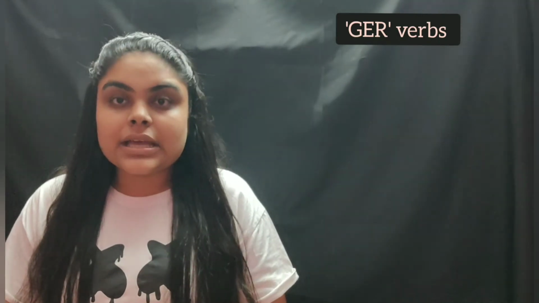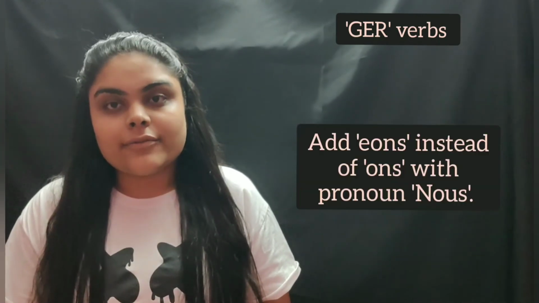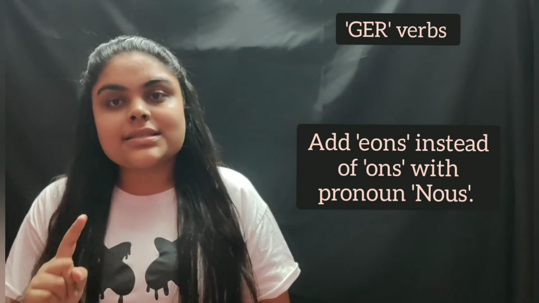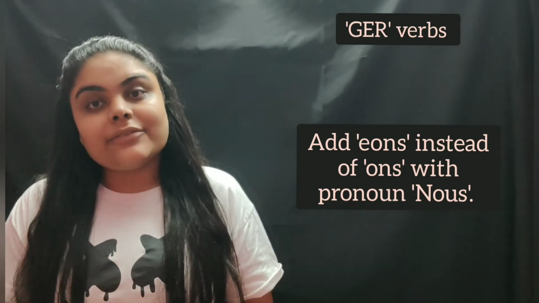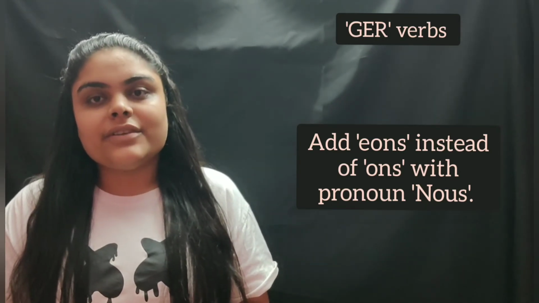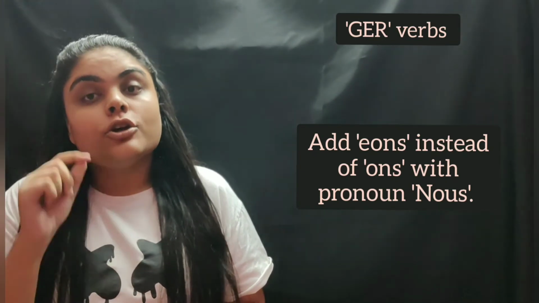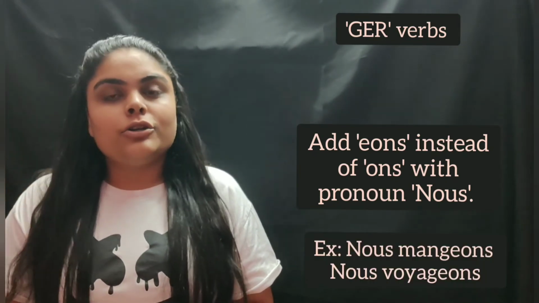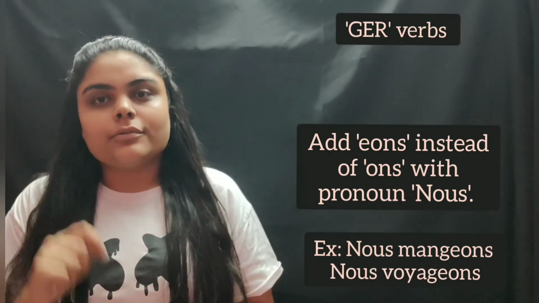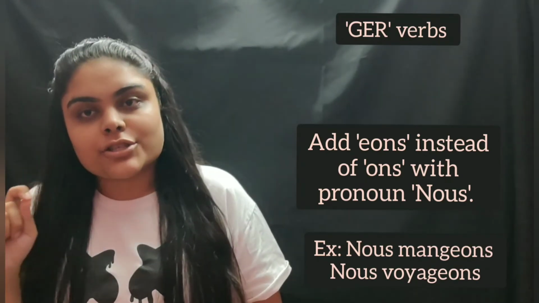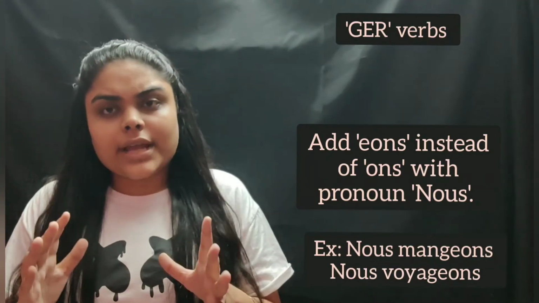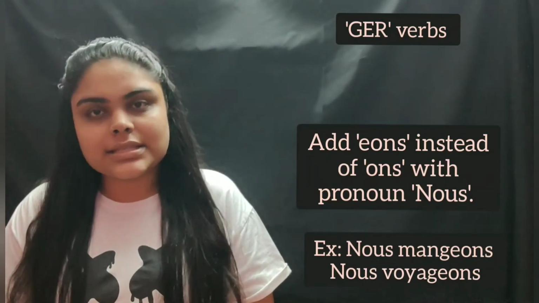With regular ER verbs, we add ONS with nous, but with these verbs, we add EONS with nous. So it becomes nous mangeons, nous changeons, nous voyageons. The remaining conjugation remains the same.